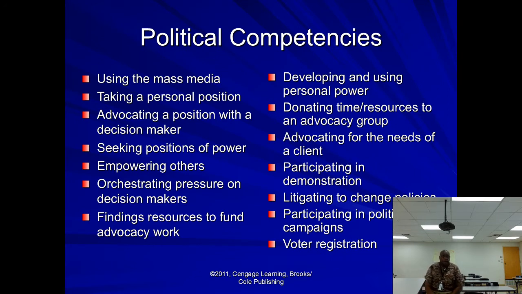Using the mass media, taking a personal position, advocating a position with a decision maker, seeking positions of power, empowering others, orchestrating pressure on decision makers, finding resources to fund advocacy work, to develop and use personal power, donating time, resources to an advocacy group, advocating for the needs of a client, participating in demonstrations, litigating to change policies, participating in political campaigns, and voter registration.